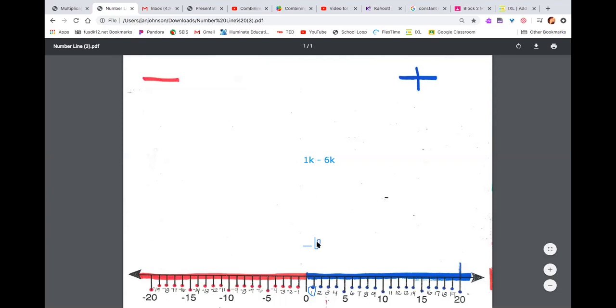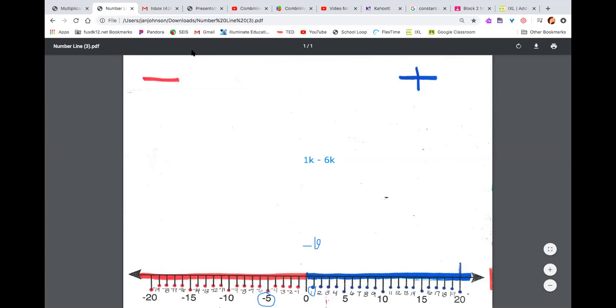If this says -6, am I going to go to the right or to the left? To the left. The left, okay. 6 times. So here's my 0. 1, 2, 3, 4, 5, 6. What number did I stop on? -5. Now that is something we know how to do, right?